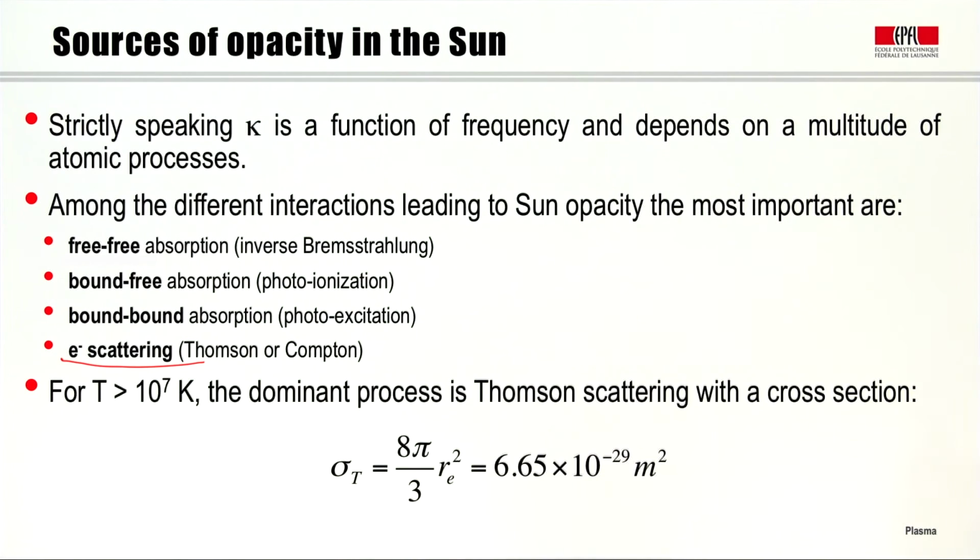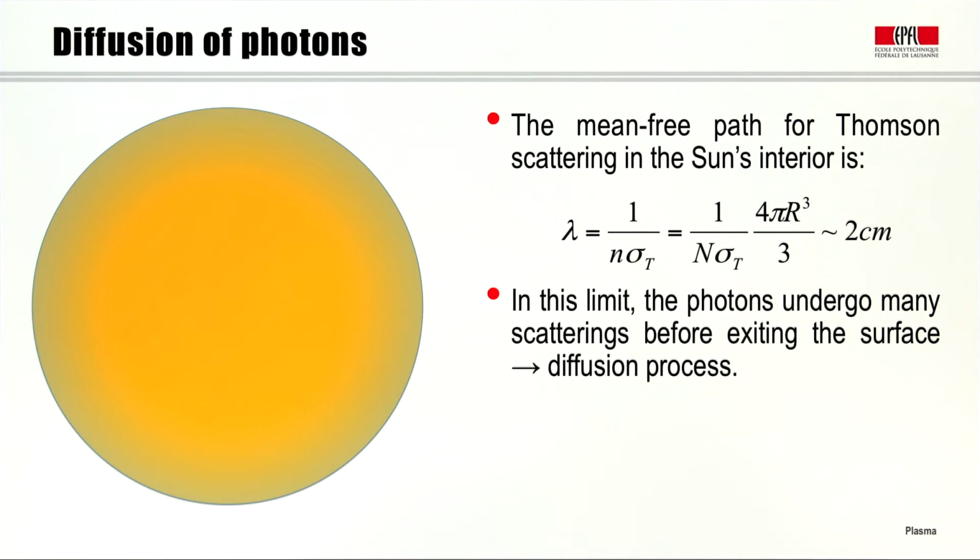The Thomson scattering cross-section is linked to the classical radius of the electron, and it is extremely small, as can be seen from this formula. Using the Thomson scattering cross-section, we can compute the mean free path of photons to undergo Thomson scattering on free electrons in the Sun interior.